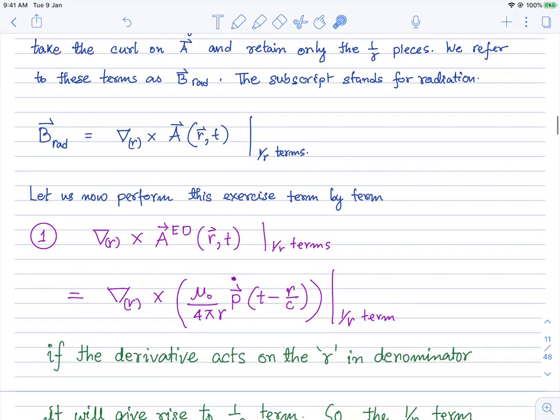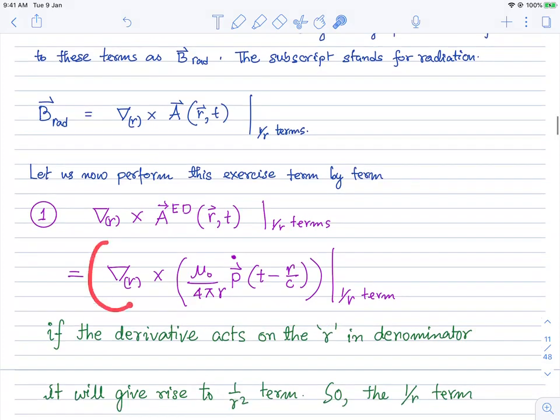Now, we notice one thing. Let's do it term by term. If we take the first term here, we notice that there's a derivative of the curl, and then there is a 1 over r piece here, and there's an r here. So the derivative will hit both these terms, and there will be a non-zero result. But if the derivative hits the term in the denominator, that is going to give me higher powers of r.